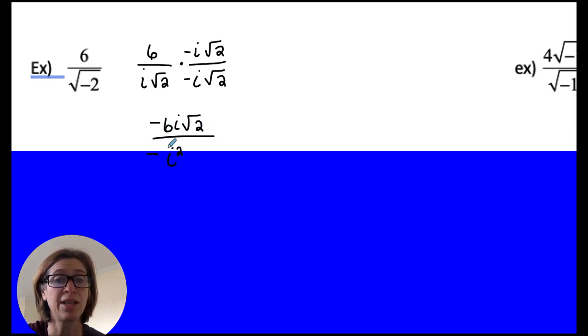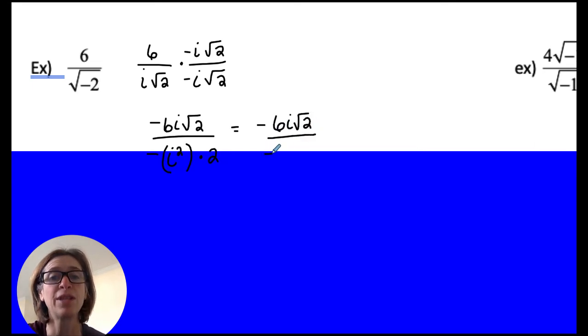So that's going to give me negative 6i root 2 all over negative 1 times 2, which is positive 2. So negative 6i root 2 all over 2, and that can be simplified to negative 3i root 2 because the 2 goes into the 6 3 times.